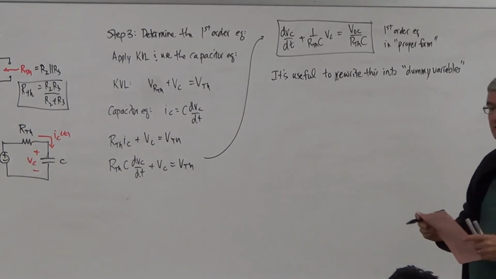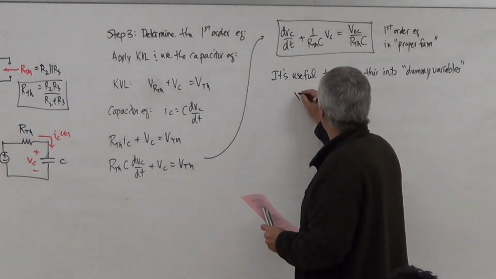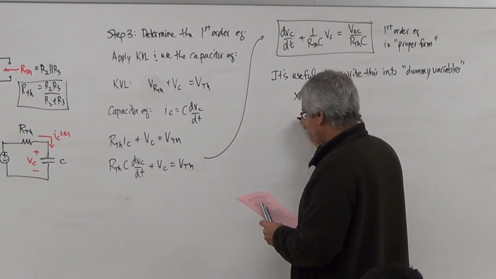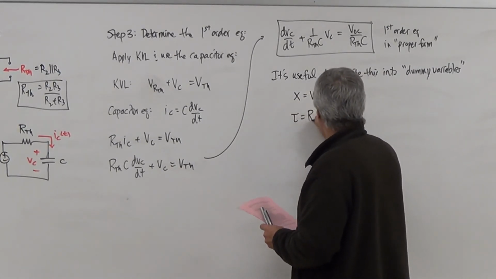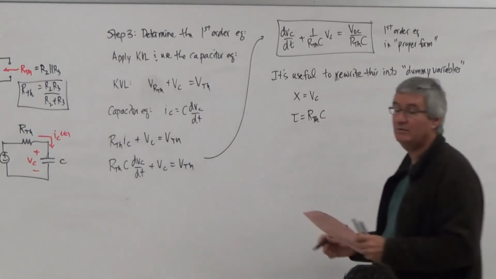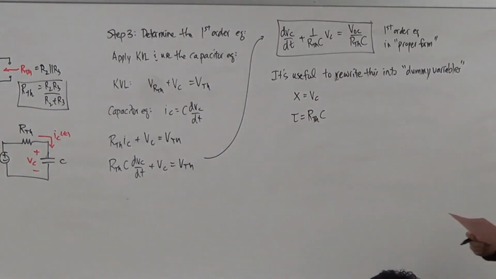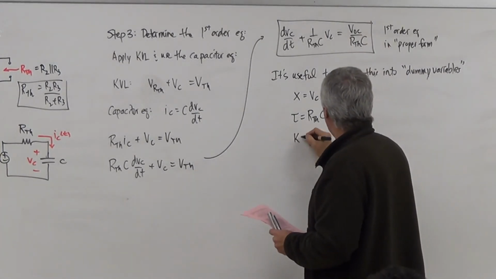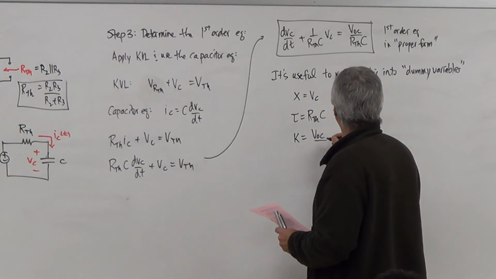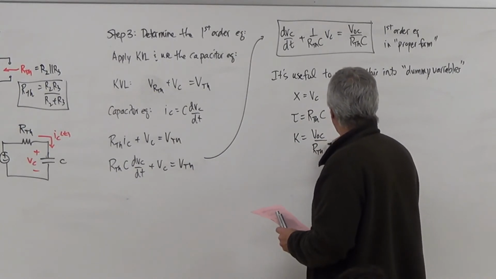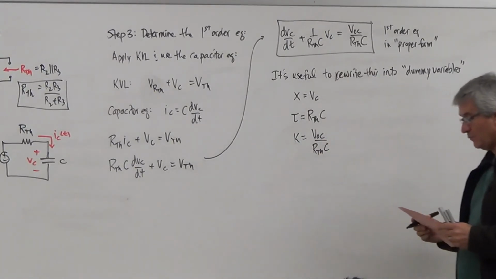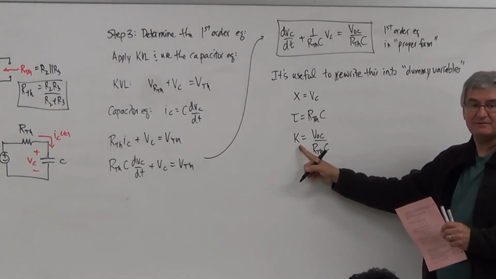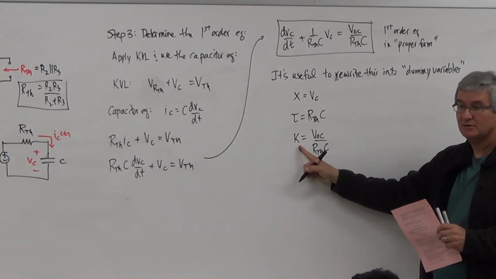So I'm going to use the symbol x to be V_C. As you probably might have already realized, our time constant tau will take on that form. And then this guy right here, I'm going to define k as this thing right here. And what you're going to find here is that this is effectively our source.